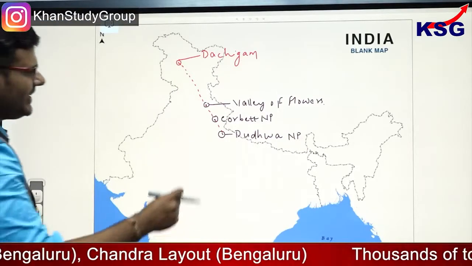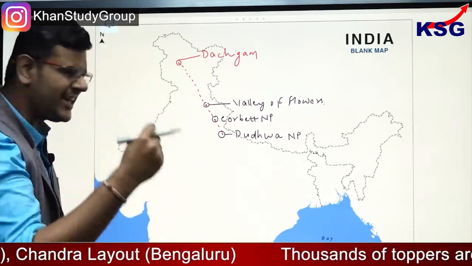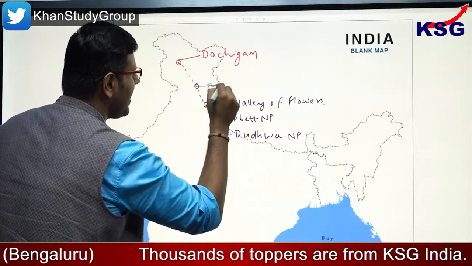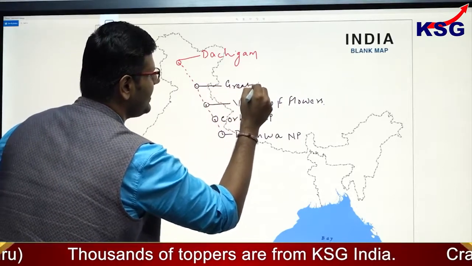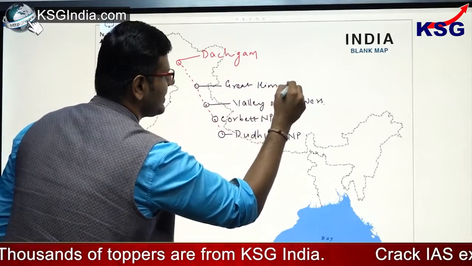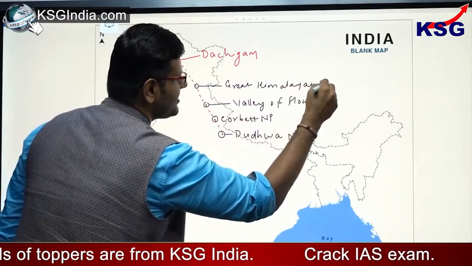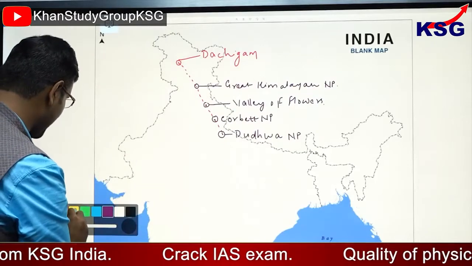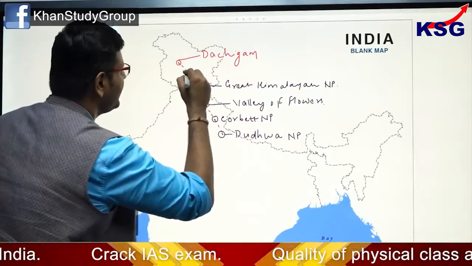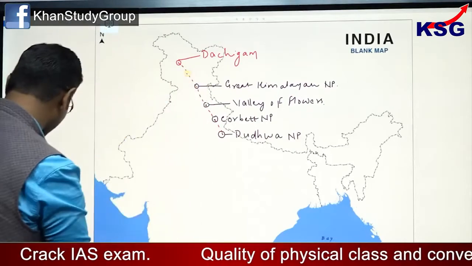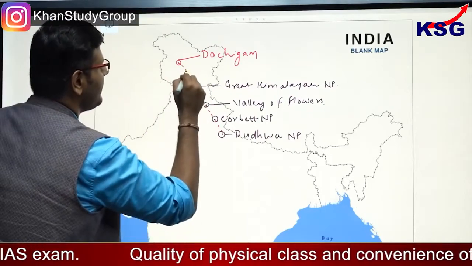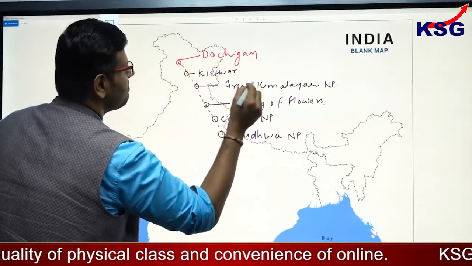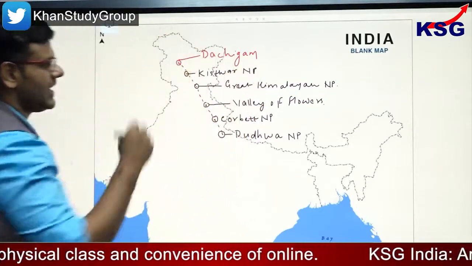Then again take some distance, but now an extended one, and reach up to your Great Himalayan National Park. And at the end of it, or maybe in between, we can also mark here Kishtwar National Park.